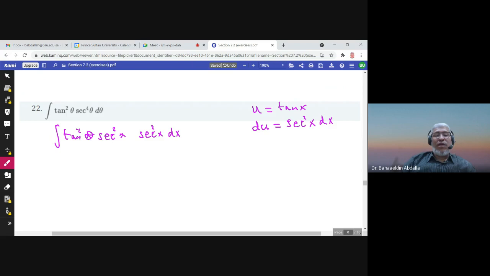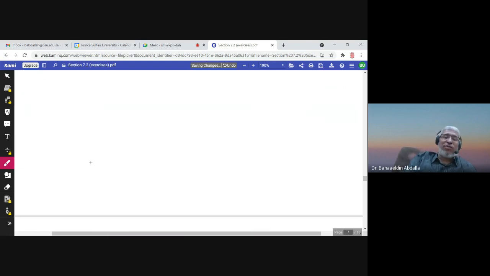All right. u is tan, so secant square, I do not need it. So tan square is okay, but secant square, I have to change it to tan square.